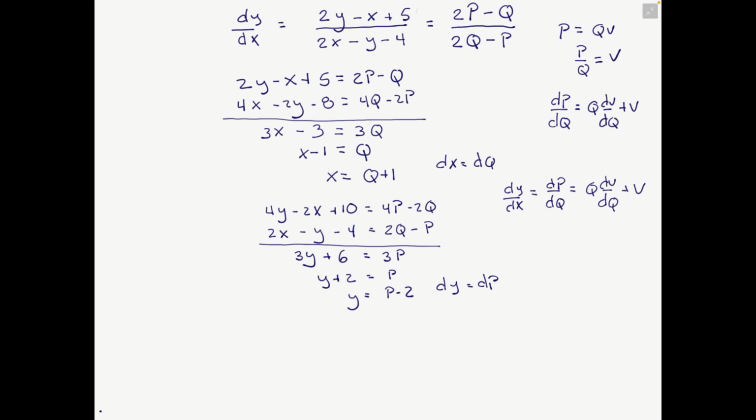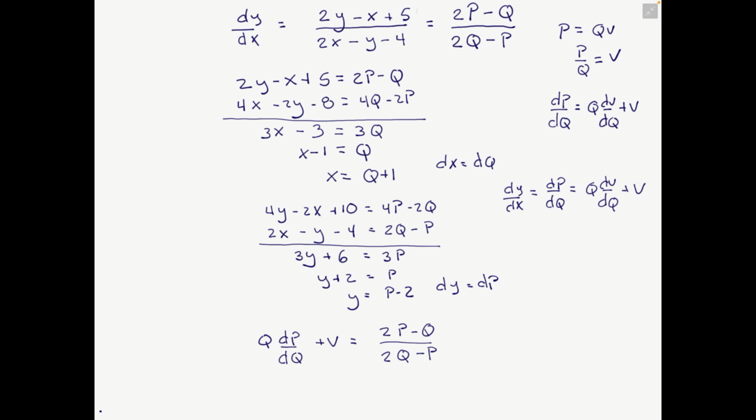And now we're set, because we have the equation q dp dq plus v is equal to 2p minus q on 2q minus p.